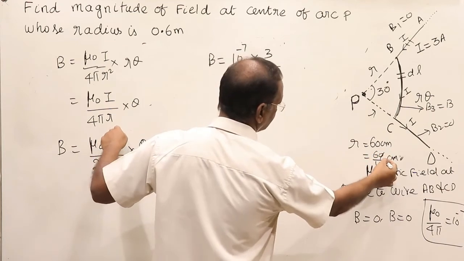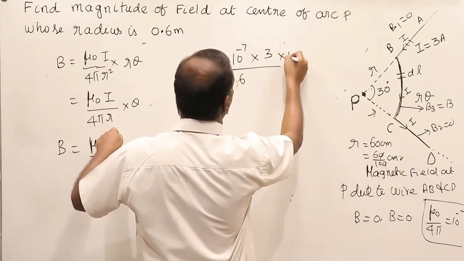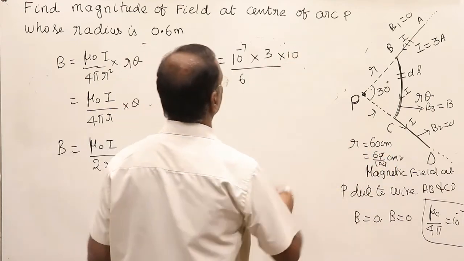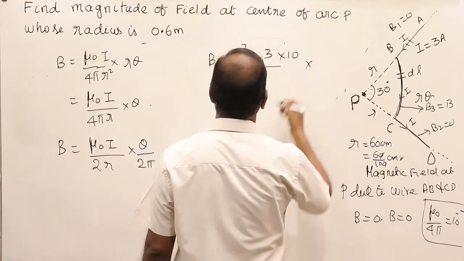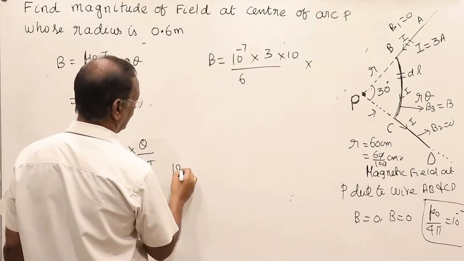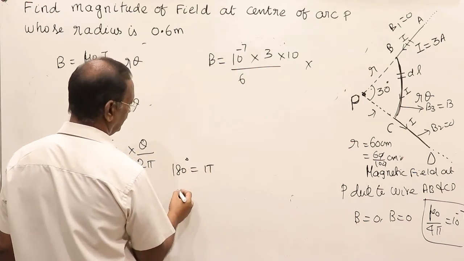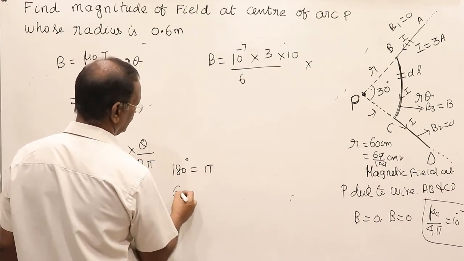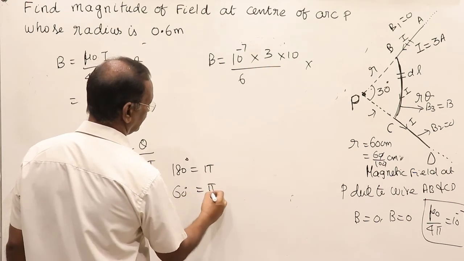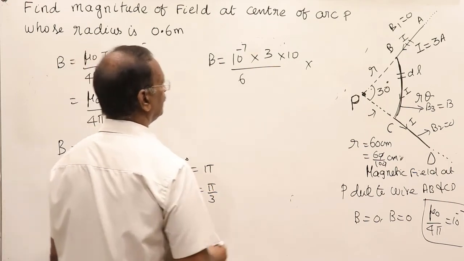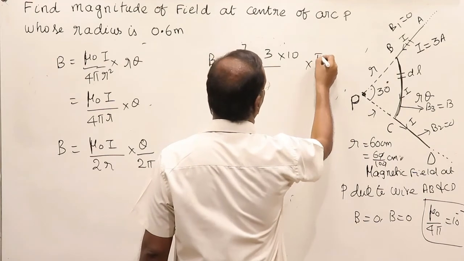We can write 6 divided by 10 as R into theta. Theta is equal to 30 degrees. See, 180 degrees is equal to pi. If you want to make it 30, divide by 6. So here also you have to divide pi by 6. Therefore, into pi by 6.